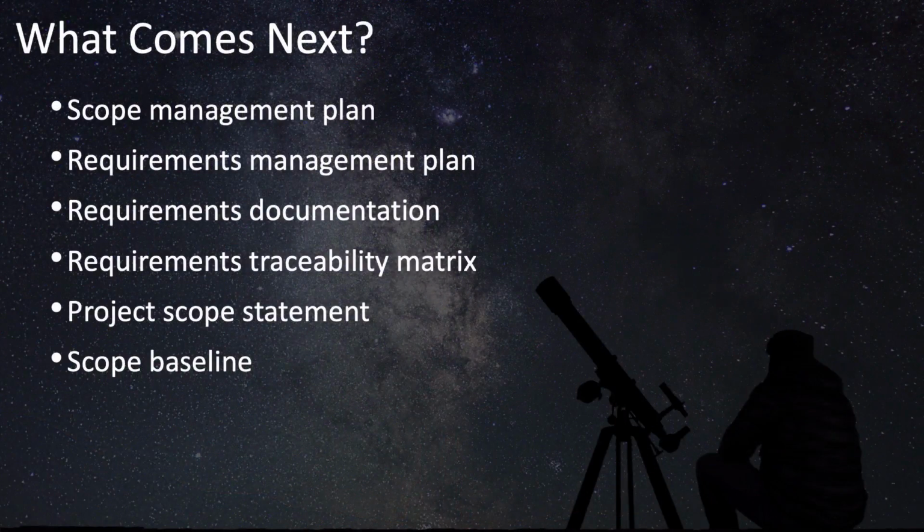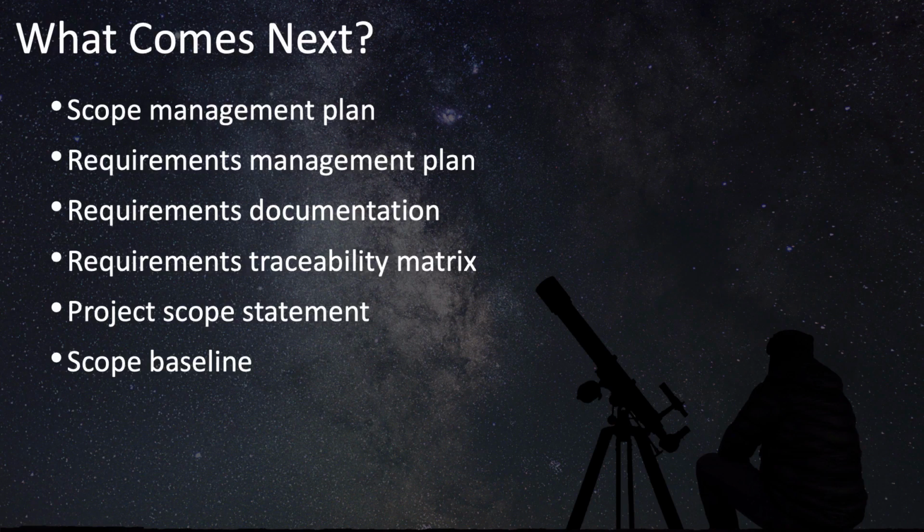In order to understand the scope management process, it's important to understand the various documents that are involved, how they interrelate, and what order they're created in. So let's take a look at the order in which these documents are created. First comes the Scope Management Plan, which contains all of the rules for how you're going to manage scope. Also, the Requirements Management Plan, which again contains the rules for how requirements will be managed.